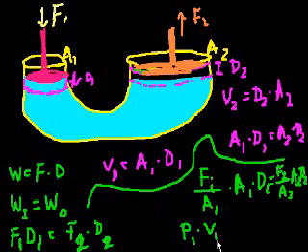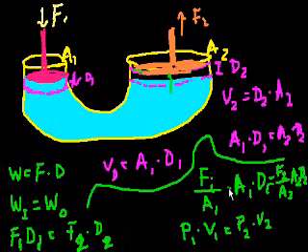Pressure times V1 is equal to the output pressure, right? Force 2 divided by area 2, that's the output pressure that the water is exerting on this piston. So that's the output pressure, P2. And what's area 2 times D2? This cross-sectional area times the height by which the water is being displaced upward is equal to volume 2, right?